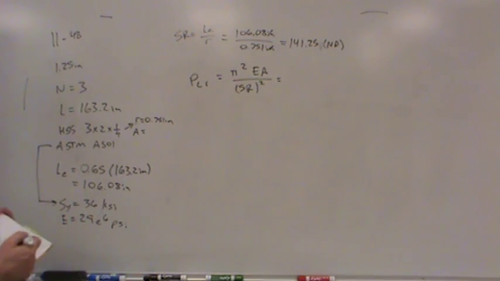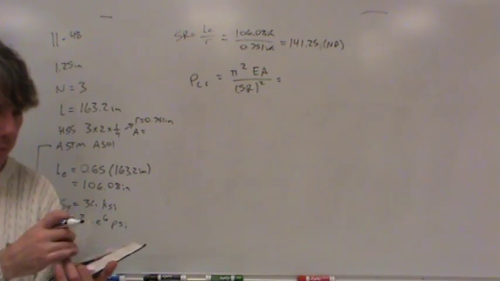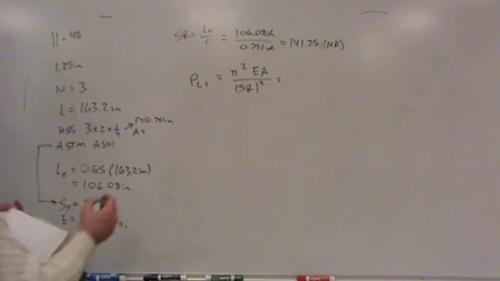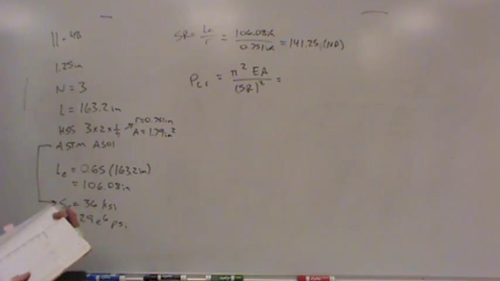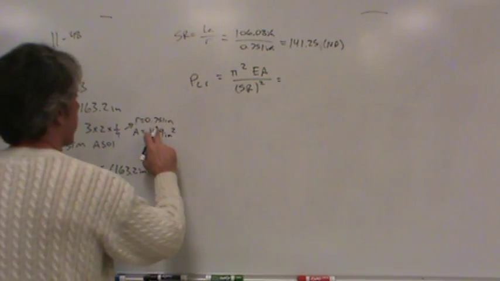Anyone look up the cross-sectional area? 1.97 inches squared. Thank you.